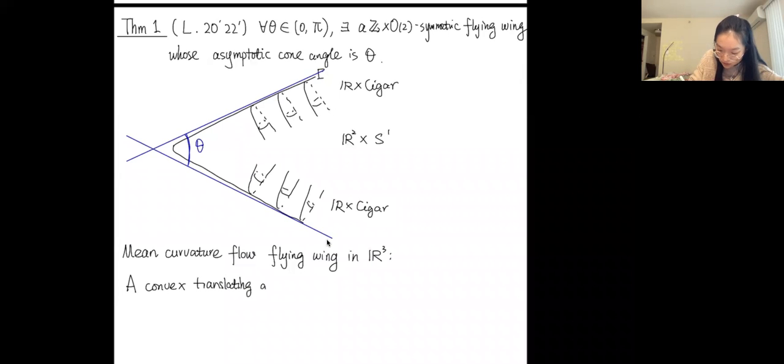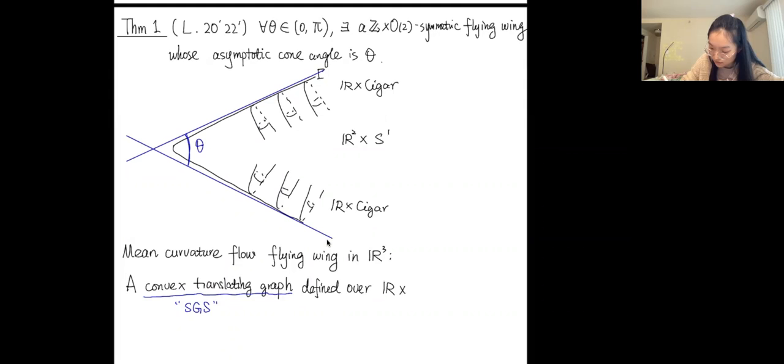The convex translating graph is what we compare with our Ricci flow static gradient solitons. This flying wing is defined as a graph defined over a finite slab.